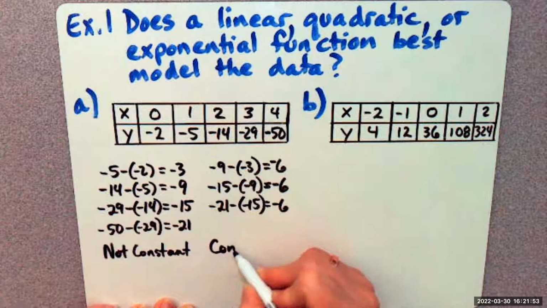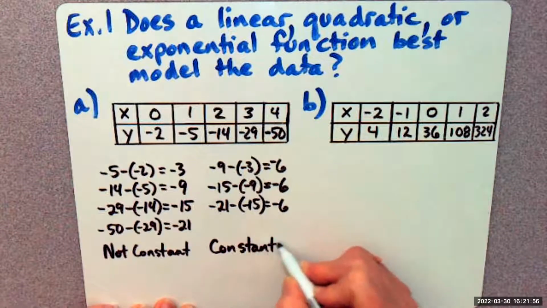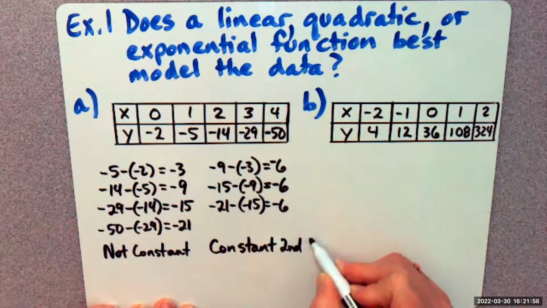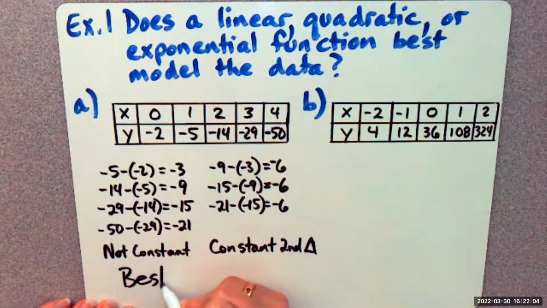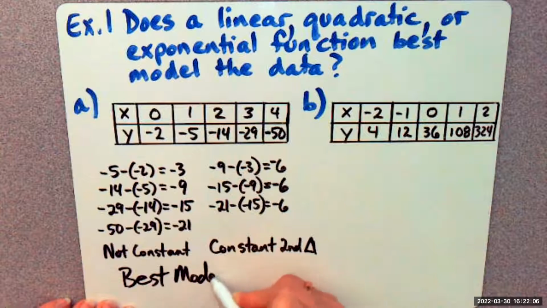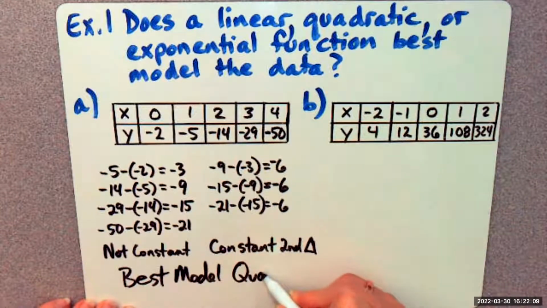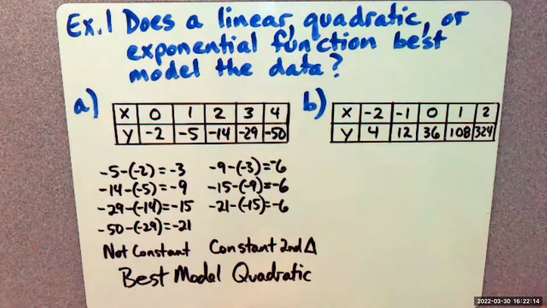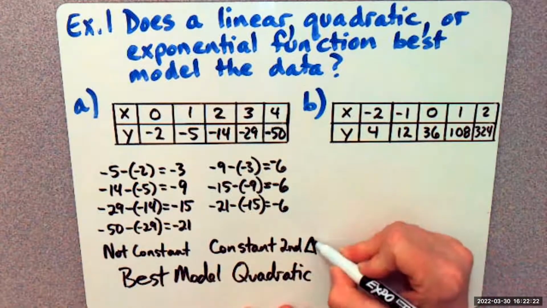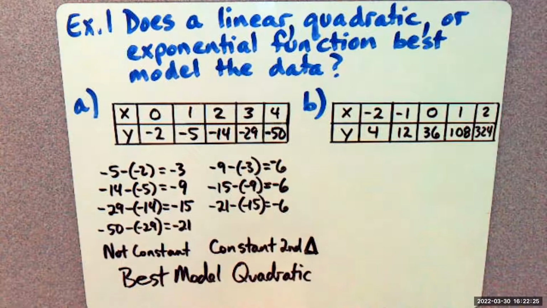So we have a constant second delta, so the best model is quadratic. It's definitely not linear because the first delta was not constant, but the second delta was constant.